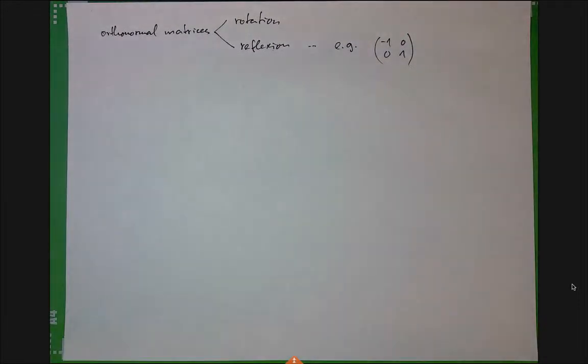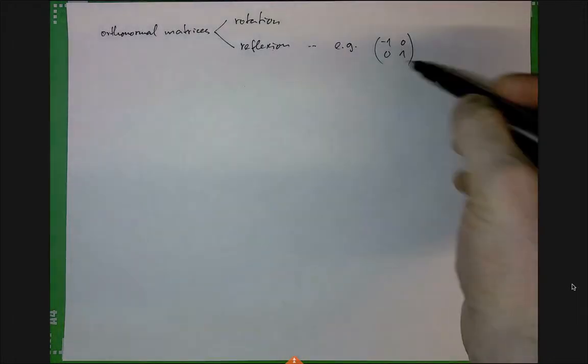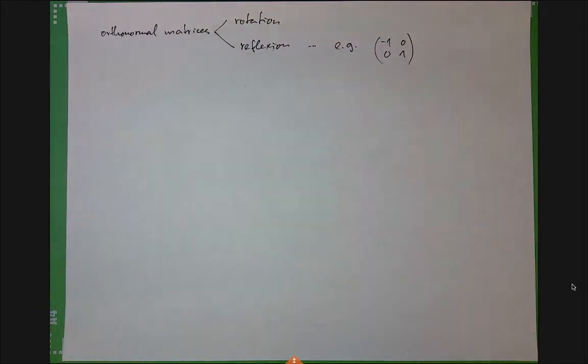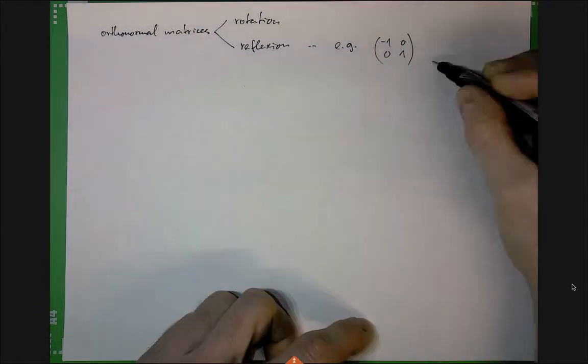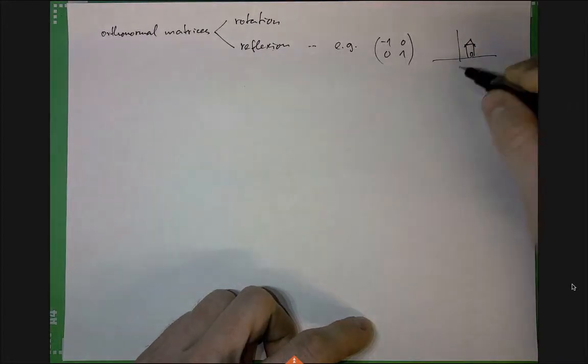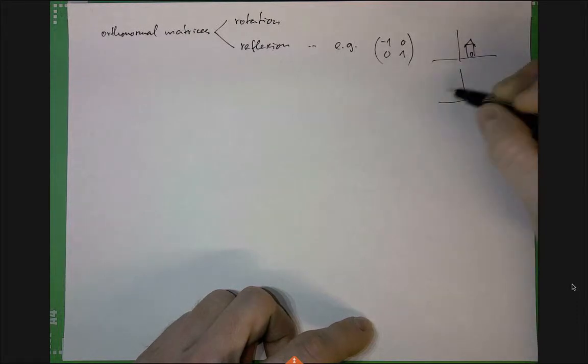What this matrix does is the y coordinate is unchanged, and the x coordinate flips. So if I have something like this, then after the transformation it flips like this.